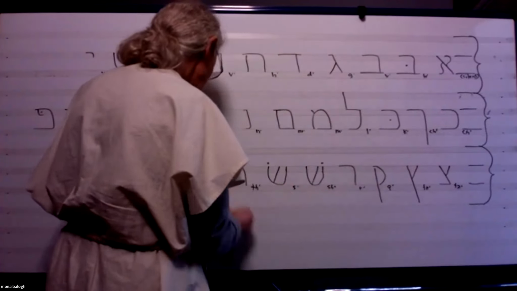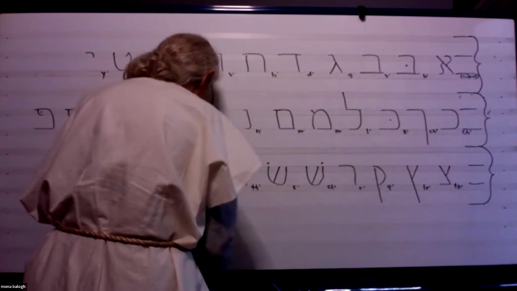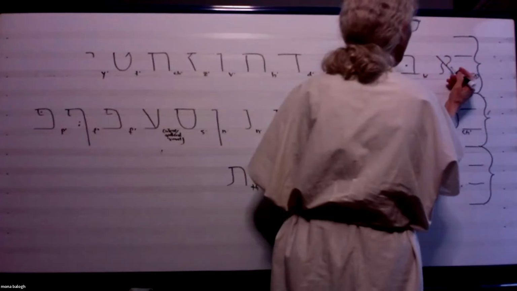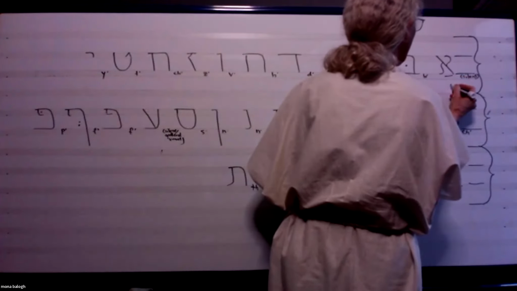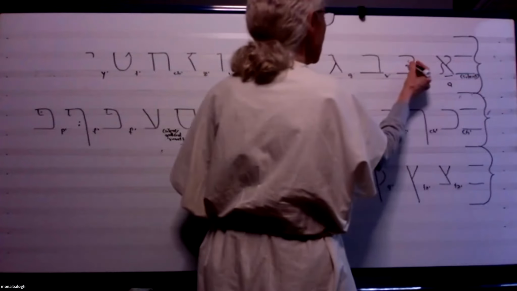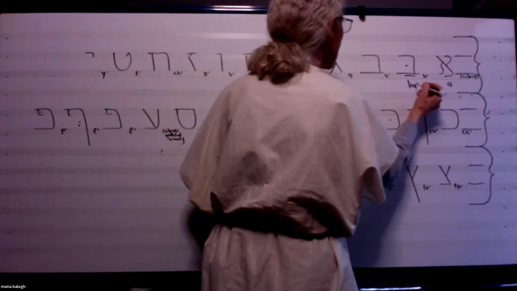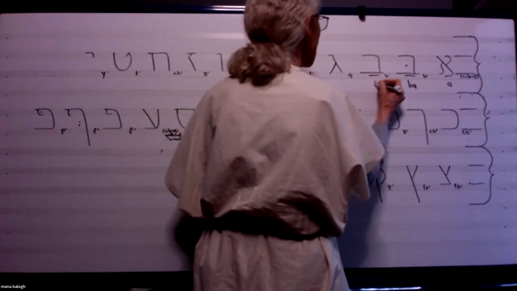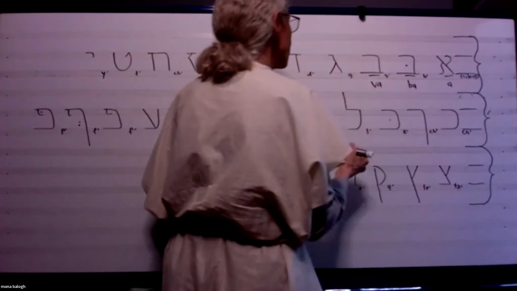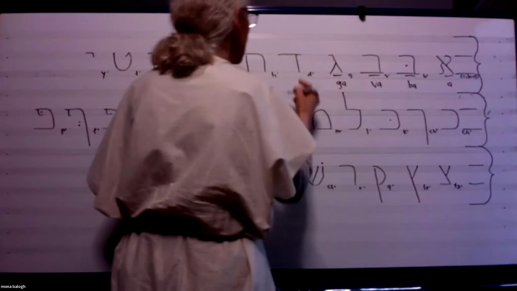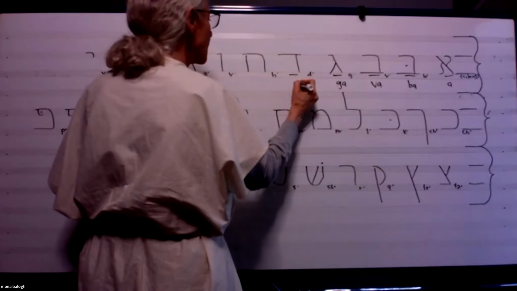All right, almost done here. We're going to do the patach. Now the aleph takes a patach, and this makes the ah sound. Beit patach, ba. Veit patach, va. Gimel patach, ga. Dalet patach, da.